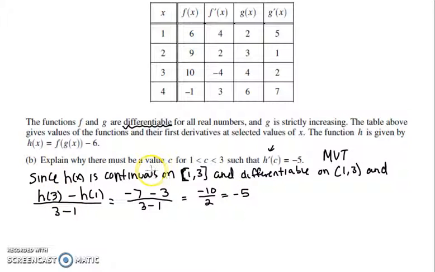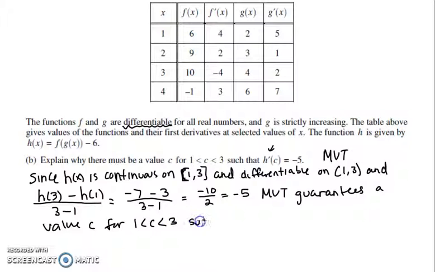So since we're continuous on the closed interval, differentiable on the open interval, and our average rate of change is negative 5, MVT guarantees, and then we're just going to copy the rest of the question, a value c for 1 is less than c is less than 3, such that h prime of c equals negative 5. So very similar to IVT, except we're finding average rate of change instead of endpoints.